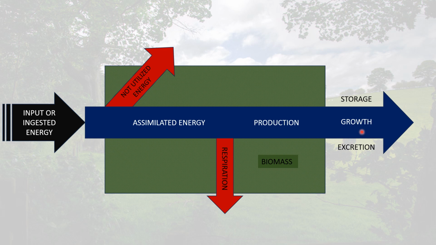Excretion means that the assimilated organic matter is thrown out from the body. And storage depicts the portion of production which is necessary for the future input of new energy, or the storage provides the energy to the next trophic level.